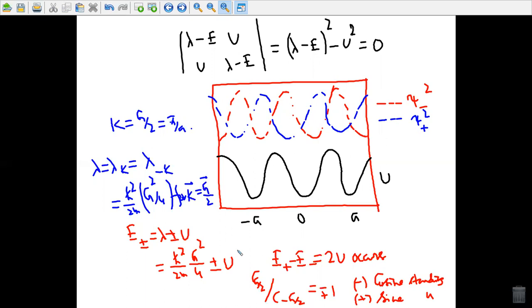For the upper state, anti-binding, the electrons are localized between the atoms. Both wave functions have the same periodicity since they belong to the same wave vector k equals G by 2. We note that the periodicity of psi is 2a, while the periodicity of psi square is equal to the lattice constant a.